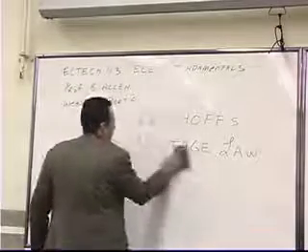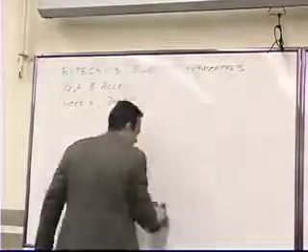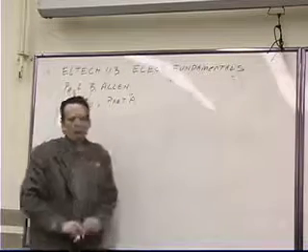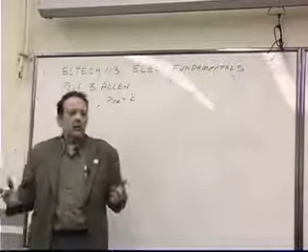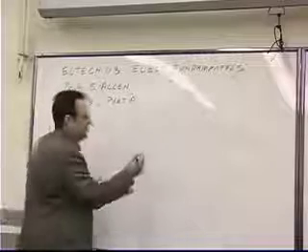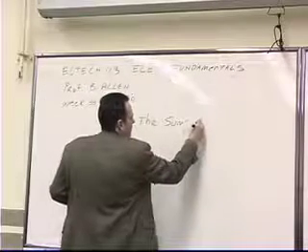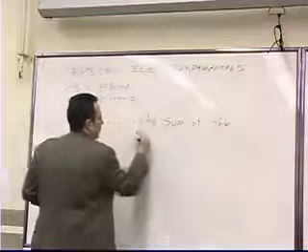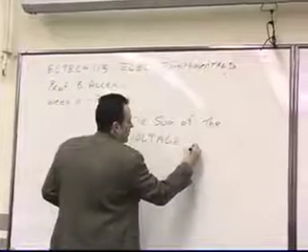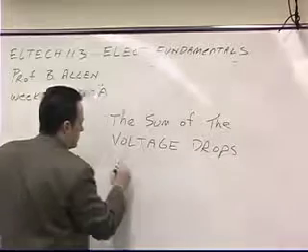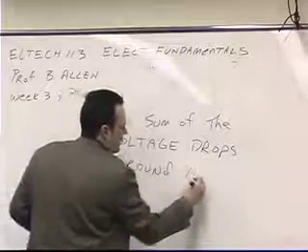Let me give you an example of Kirchhoff's voltage law. Stated in a sentence, it says that the sum of the voltage drops around any closed loop equals 0.